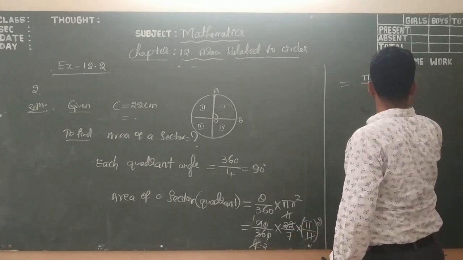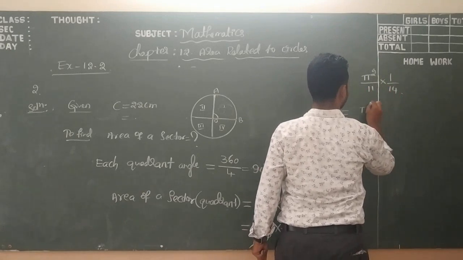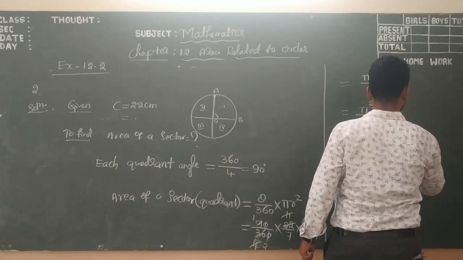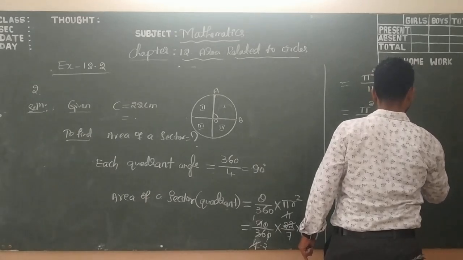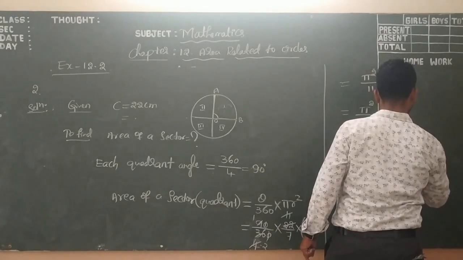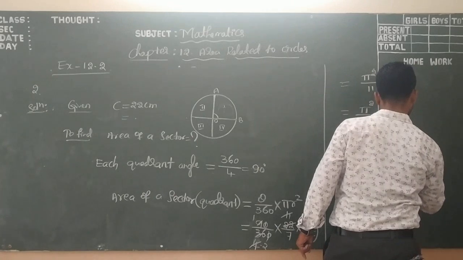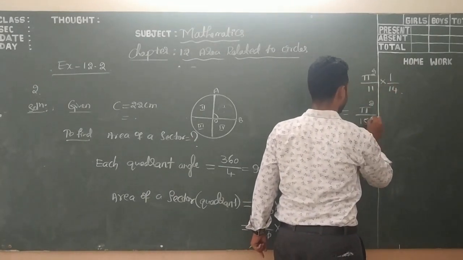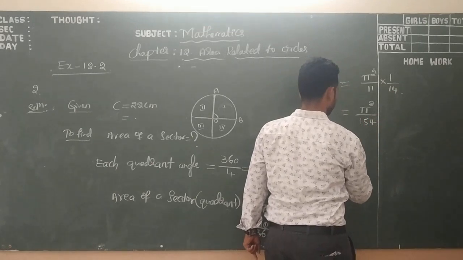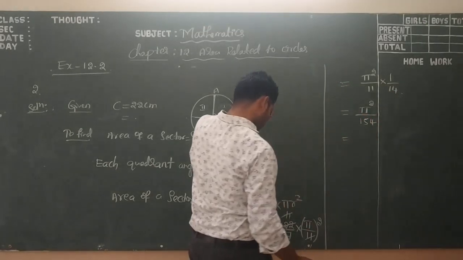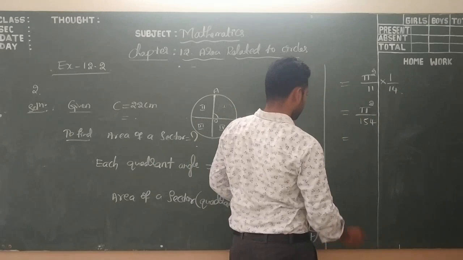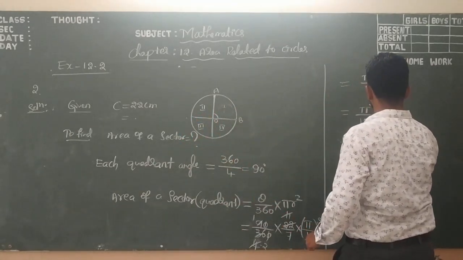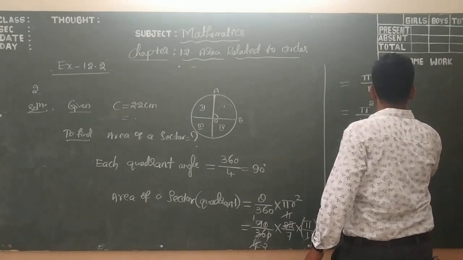So 1 by 14, so pi square by 11 into 14, which is 154. So the area of this quadrant is pi square by 154 centimeter square.